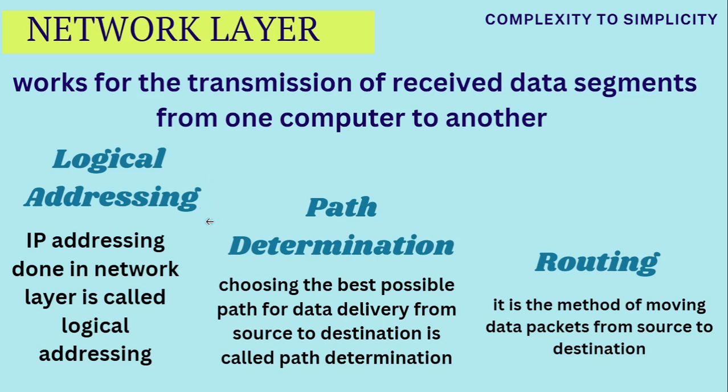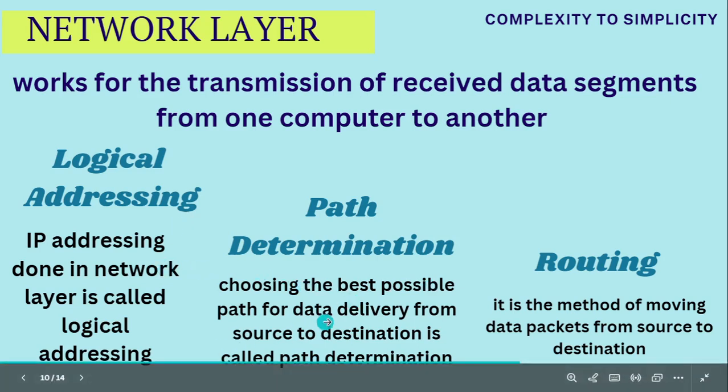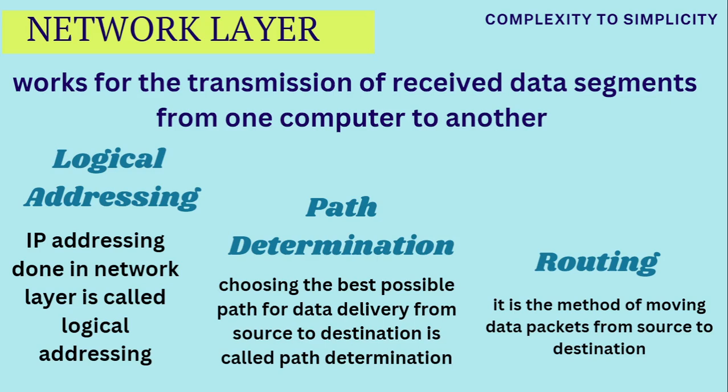Now the second is path determination. Path determination means choosing the best possible path for data delivery from source to destination, right? A computer can be connected to an internet server or a computer in a number of ways, but choosing the best path is known as path determination.